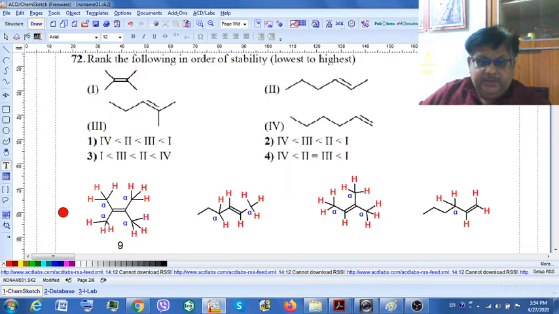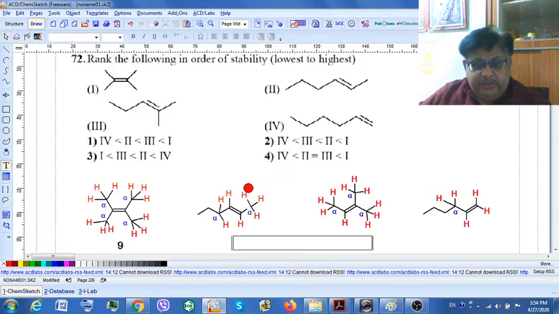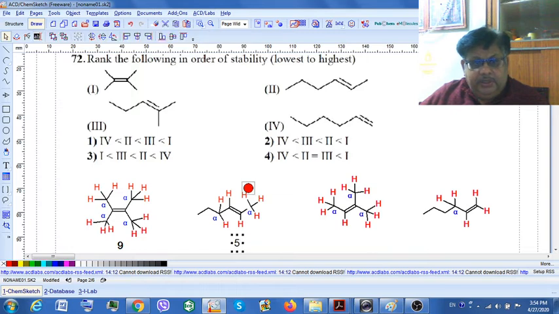In the second case, similarly, count the number of alpha hydrogens. You will have 1, 2, 3, 4 and 5. So in this case you have 5 alpha hydrogens. Now let's look at the third one, not the last one.